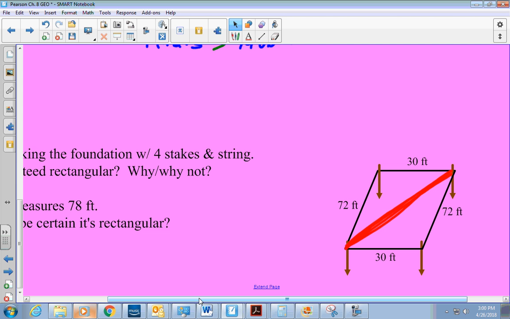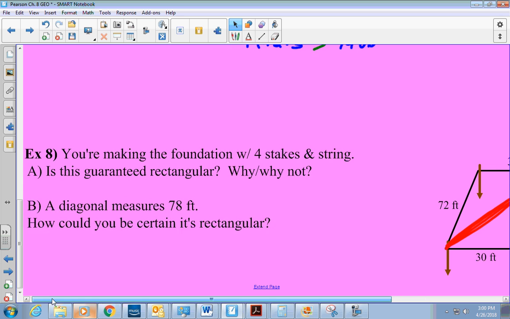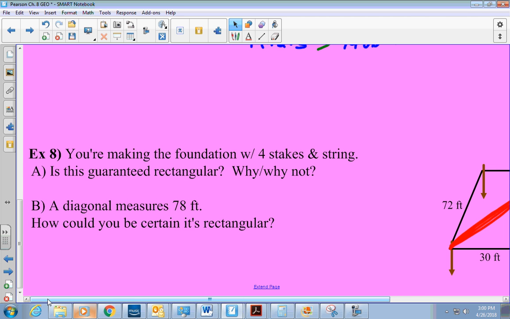In order to make sure, and this is legit building stuff, that you're square, because the bigger you get, the harder it is to see if you're square or not. I can't use a T-square for 72 feet. So to tell if something's square or not, you measure the diagonal. When it asks the first question, is this guaranteed rectangular?